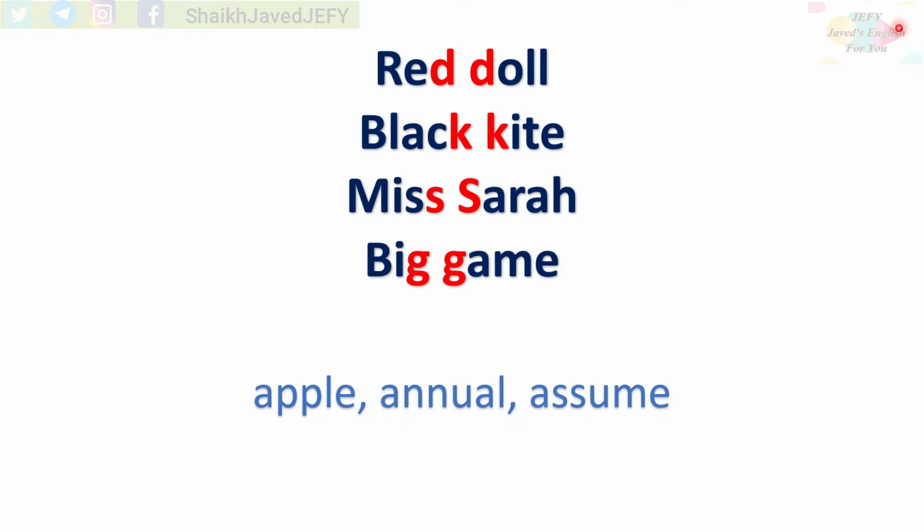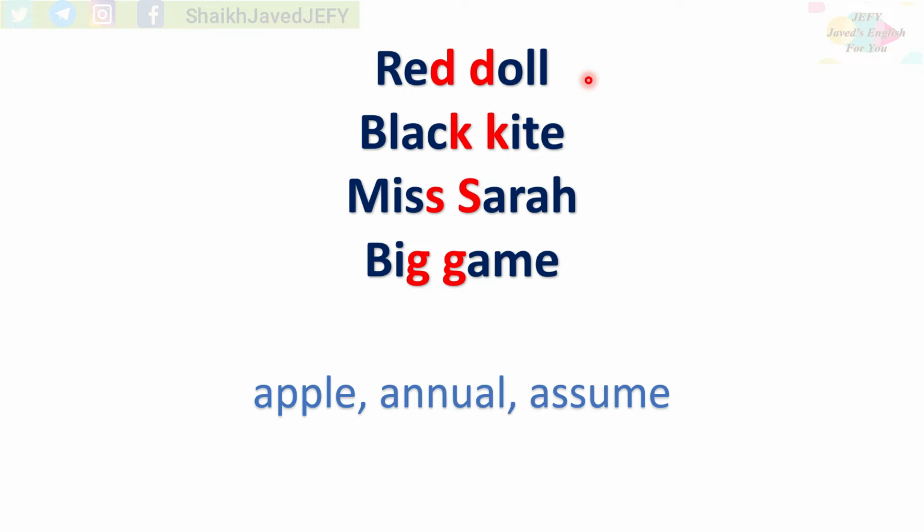Now, the work of linking sounds is quite simple if you understand a couple of phenomena. Look at the very first word here. It's red, and the second word, which is doll. We know that the first word ends in the D sound, and the second word doll starts with the same sound.